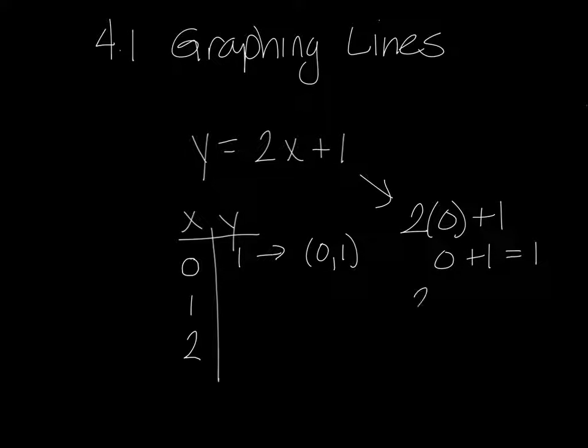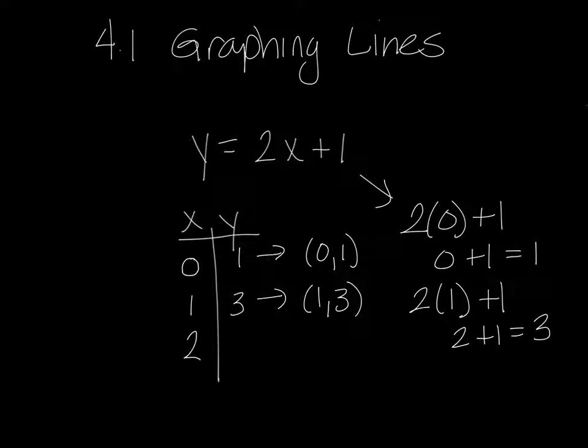So then I plug in 1. So I've got 2 times 1 plus 1. And 2 times 1 is 2, so I've got 2 plus 1, that's 3. So I put 3 on my table, so that means I'm going to graph the point (1, 3). And then I'm going to plug in 2.